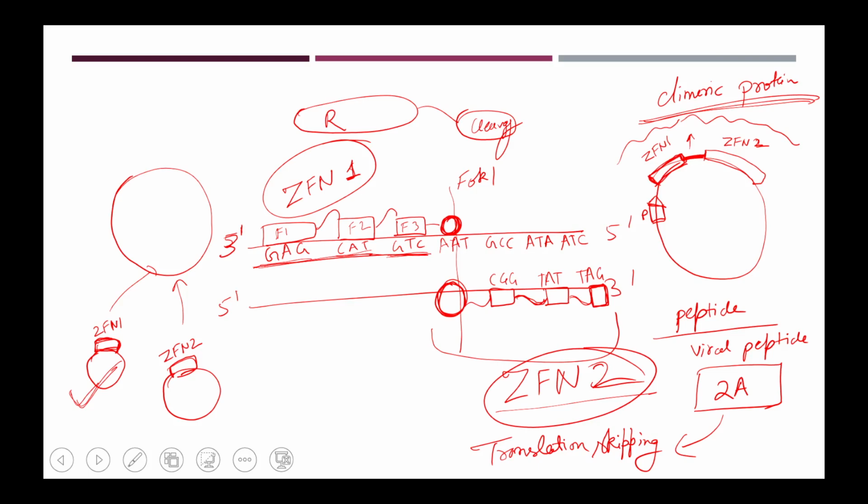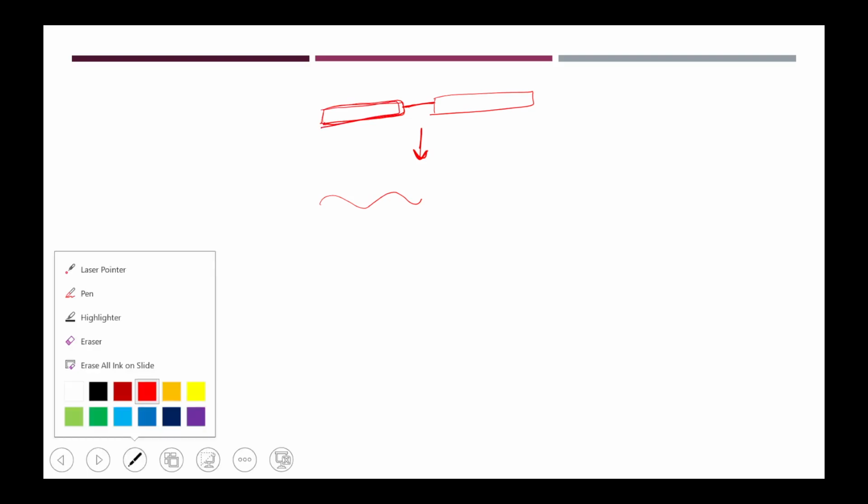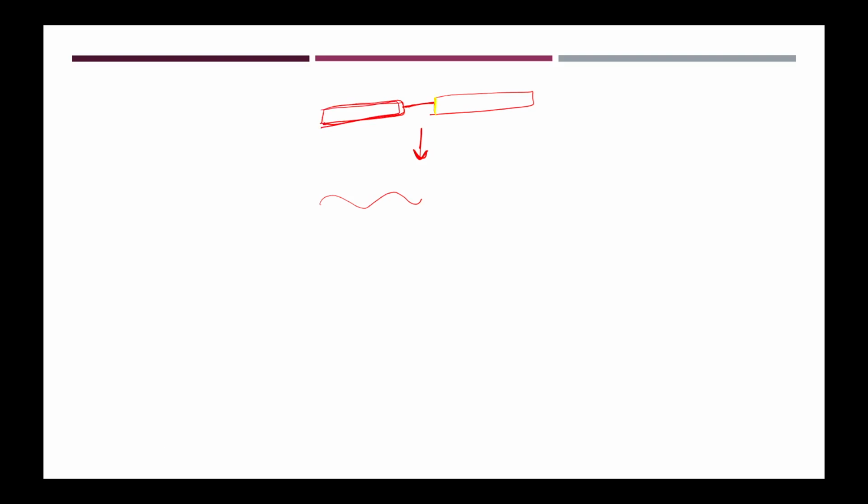Okay, yeah. So in this construct, the RNA will be made. This is one protein, and this is another protein. Okay. So the RNA will be made, and this is the 2A sequence.